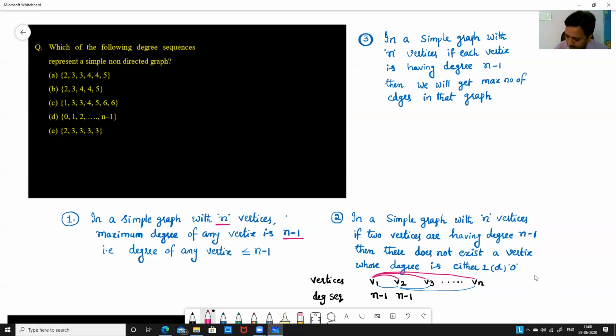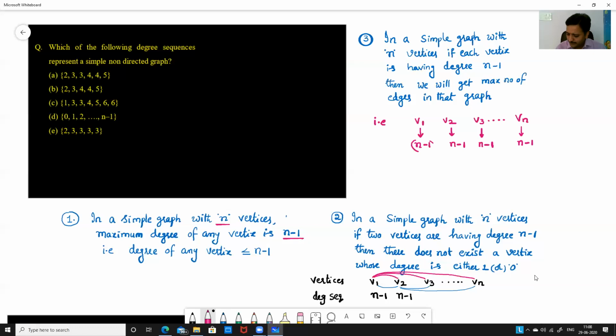That is v1, v2, v3 up to so on vn. There are n vertices. Degree of v1 is n minus 1, and degree of v2 also n minus 1. Degree of v3 also n minus 1. Degree of vn also n minus 1. Clear? Like that, we are having degree of each and every vertex.